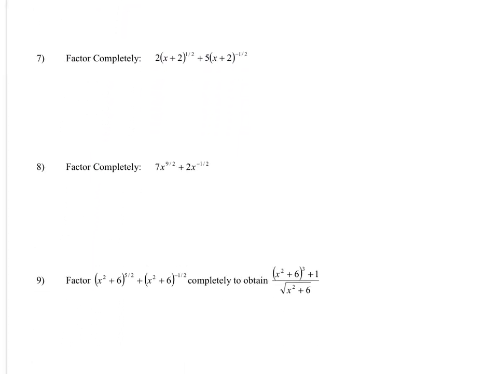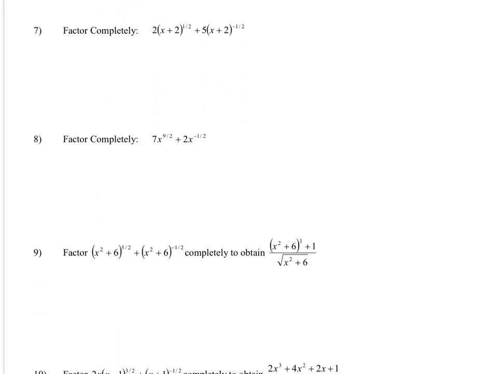Okay, now we will skip to number 7. To factor completely, circle the two groups. Note that negative 1/2 is the lower of the exponents. So each group has x plus 2 to the negative 1/2 in common.